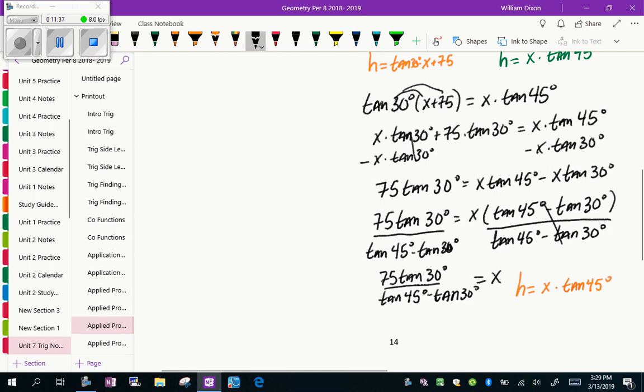So now I'm going to have h equals, not x anymore, but 75 times the tangent of 30 degrees divided by the tangent of 45 degrees minus the tangent of 30 degrees. And that's going to be times the tangent of 45 degrees.